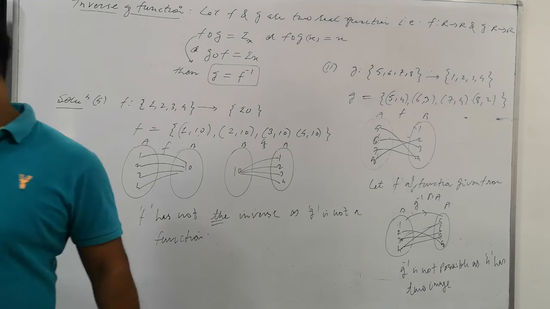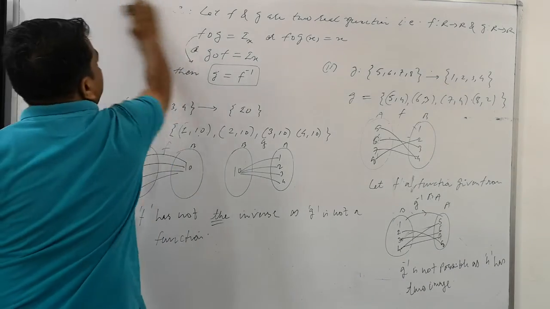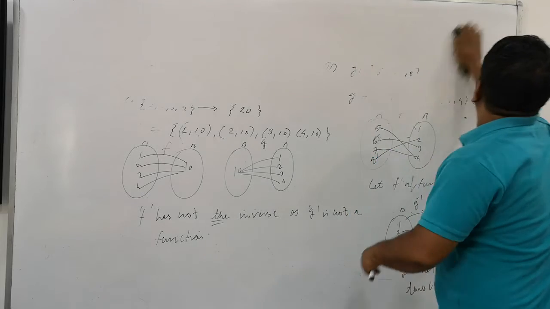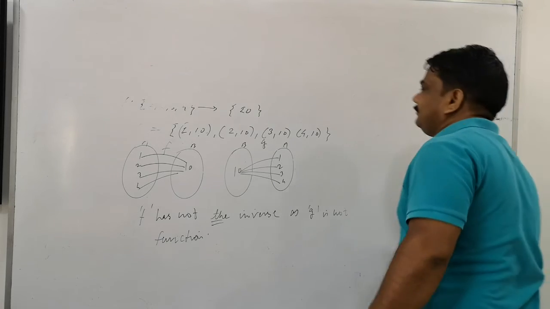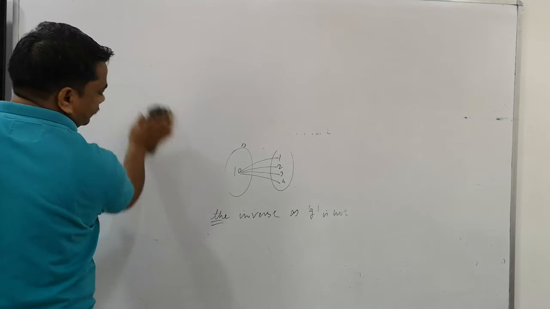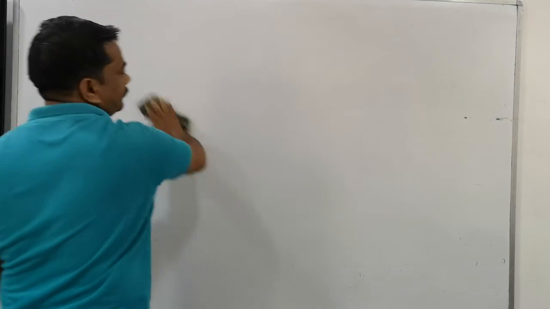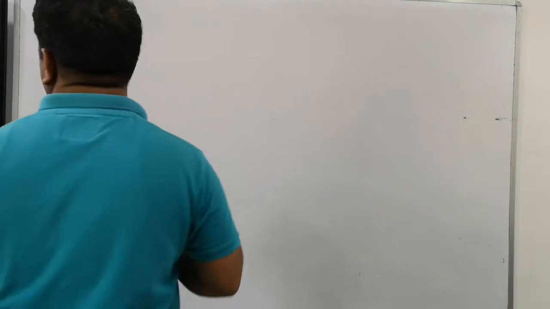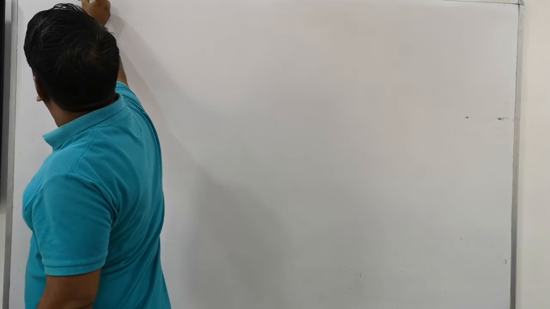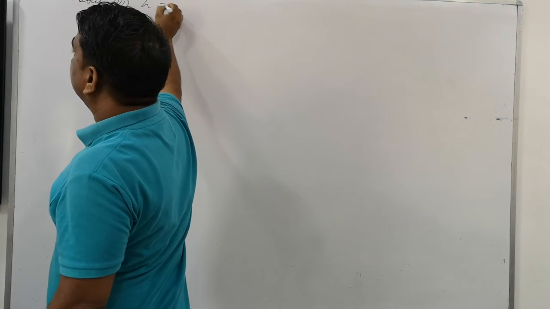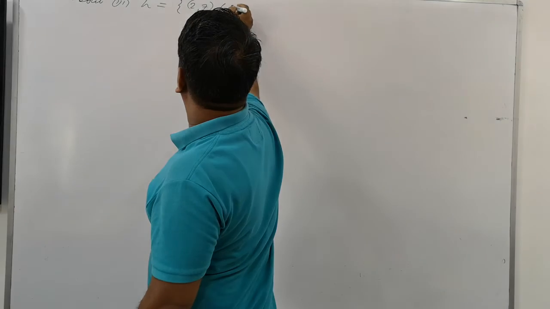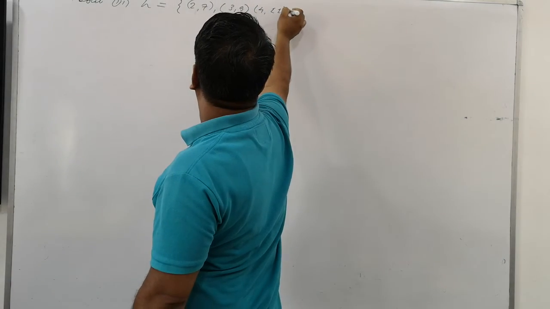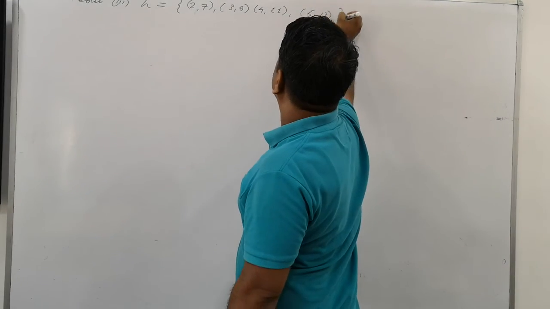Now look at question number three. A function is given with H. H function is given as 2, 7; second is 3, 9; 4, 11; and third is 5, 13.